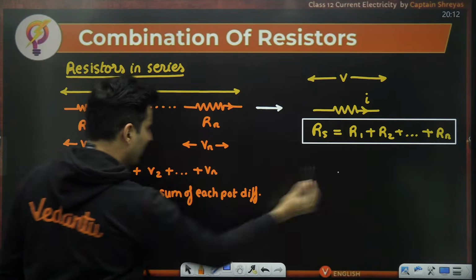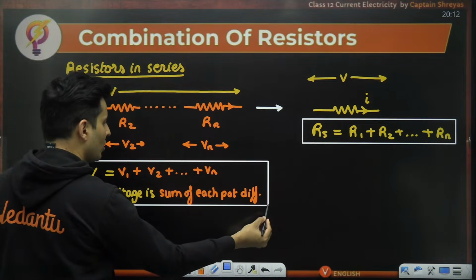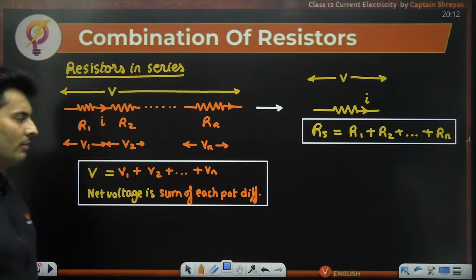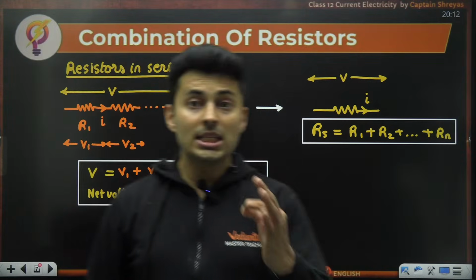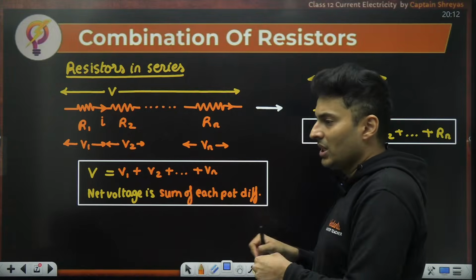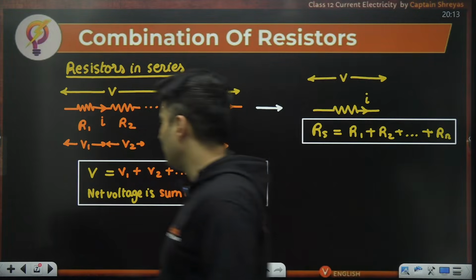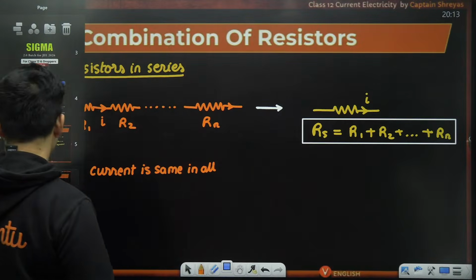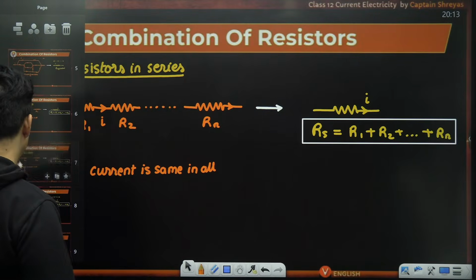This is another important thing regarding your series combination. This also leads me to another formula, which we are going to talk about now. Let me put it over here.